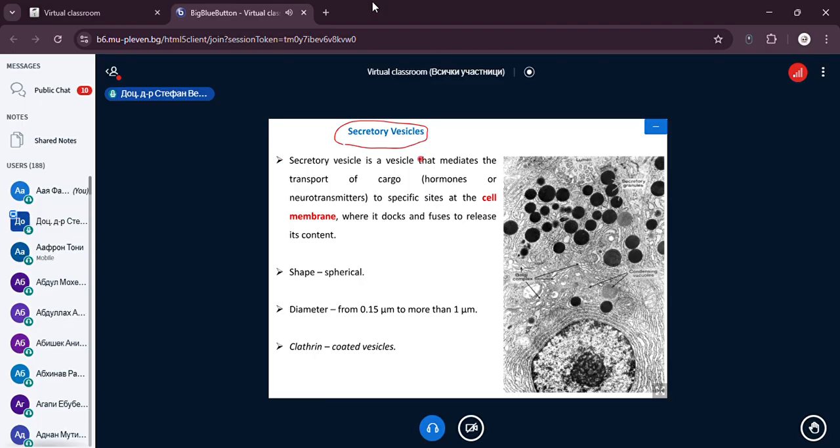They mediate the transport of cargoes like hormones, neurotransmitters, digestive enzymes to specific sites at the cell membrane where the vesicle docks following this route that I described and fuses to release its content in the extracellular matrix.